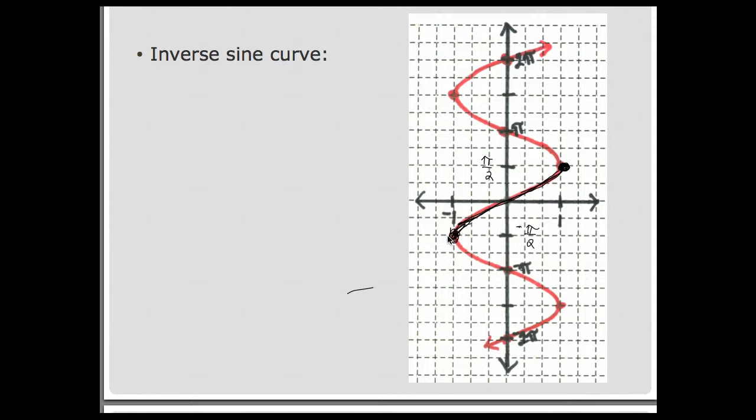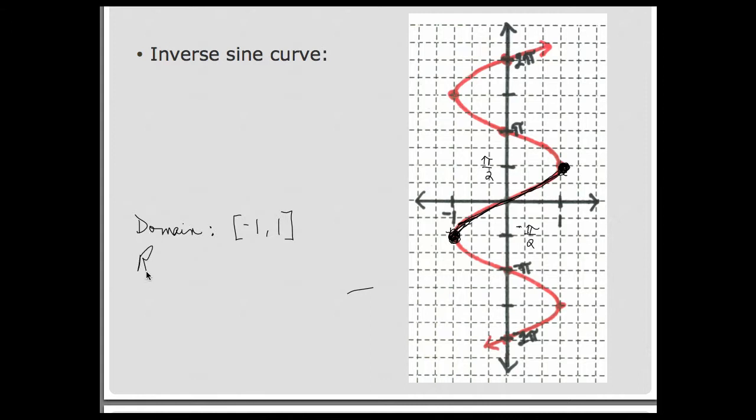So if you take a look at just this little piece, from that we want to come up with what the domain and the range would be for the inverse sine function. So the domain, remember that's our x's. It goes from -1 to +1, and it does include those because, here's these points here.